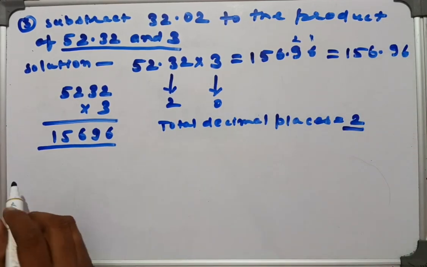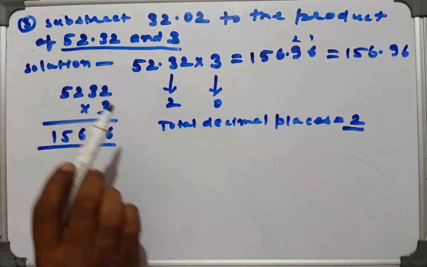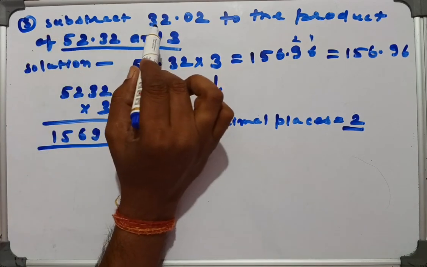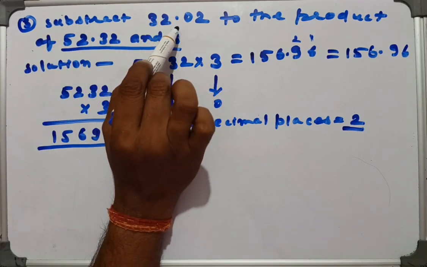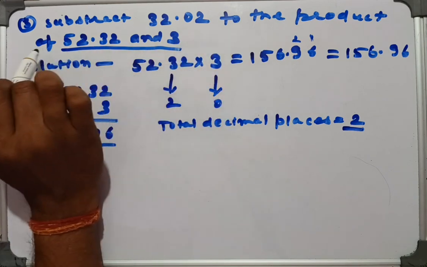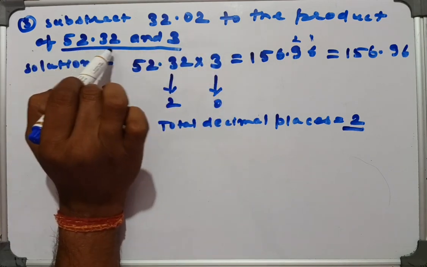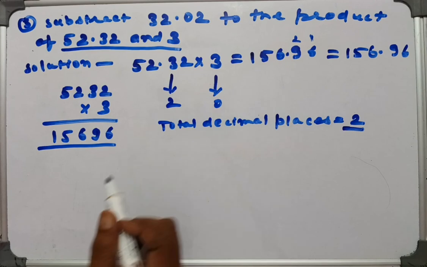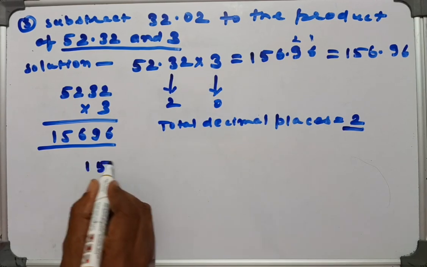So the solution is 156.96. Now the question is saying subtract 32.02 from the product of 52.32 and 3. So now subtract.